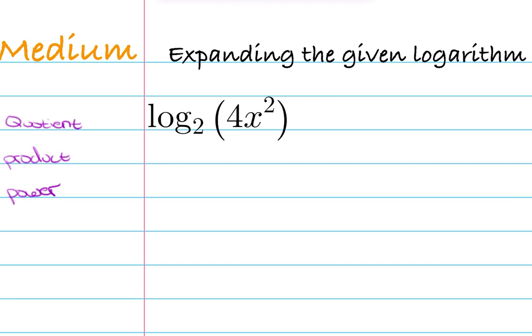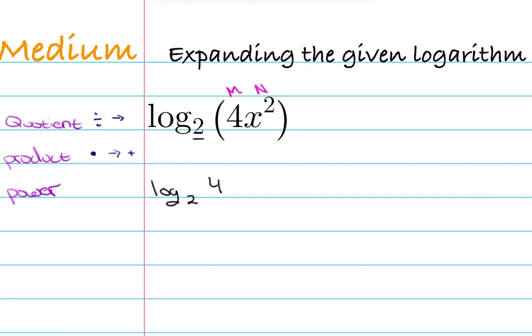Okay. Remember that your base is going to stay the same. So I'm going to have the log base 2 of 4. This would be my m, and this would be my n. If you are breaking apart a product, product is going to turn into addition. Remember, you're going from multiplication to addition. Quotient is going from division to subtraction.